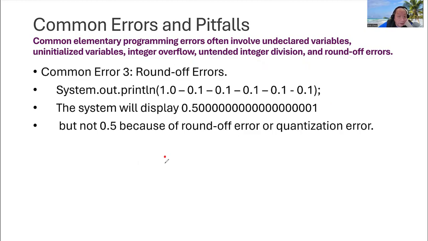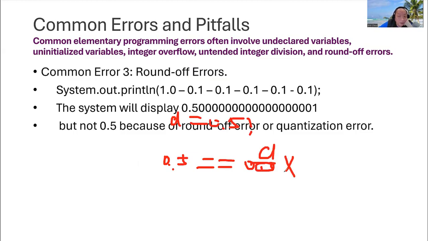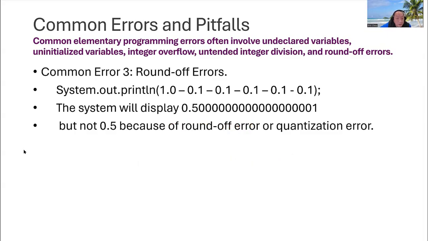So never test 0.5 equals d, let's assume d equals 0.5. Never compare floating points for equality. You may end up getting the wrong thing because of the rounding error. Any question? No.